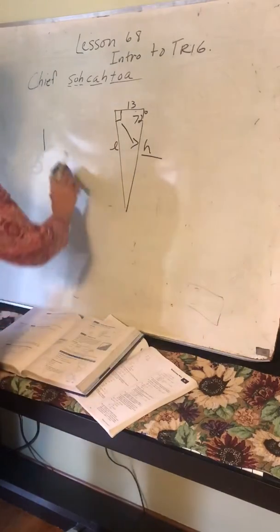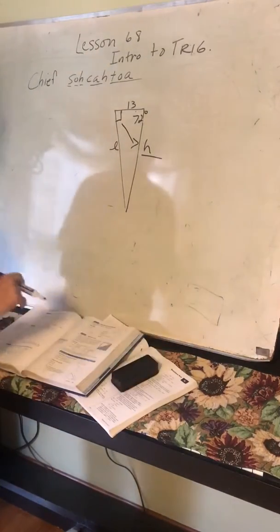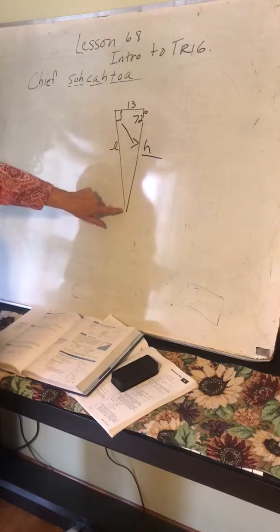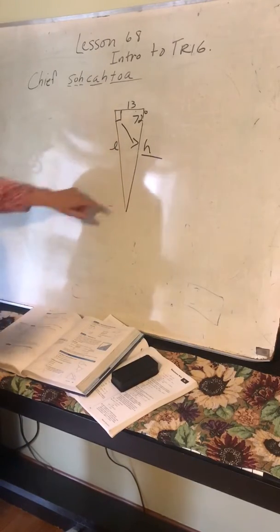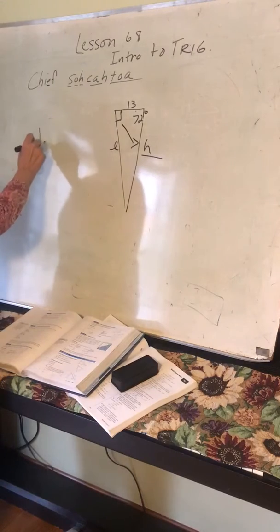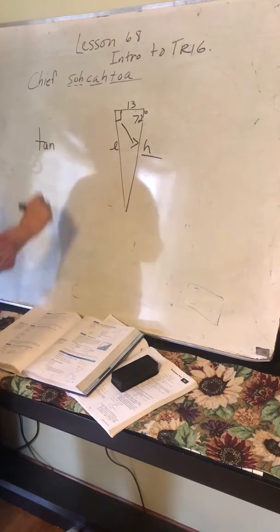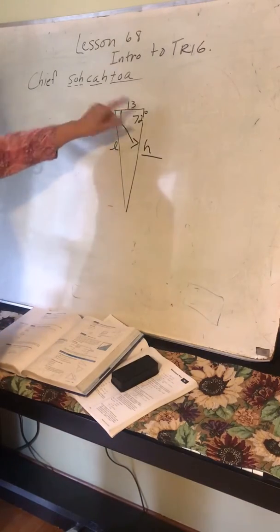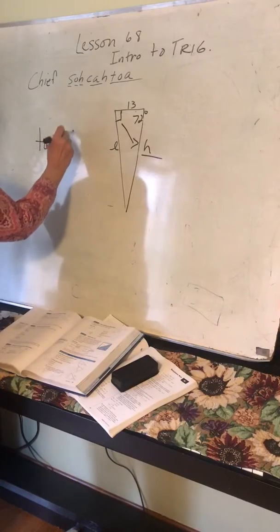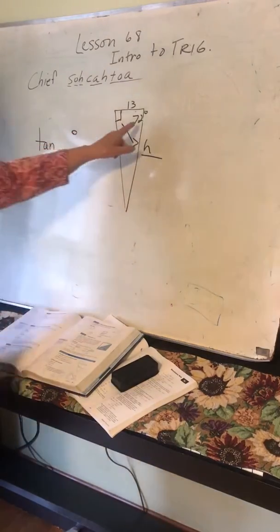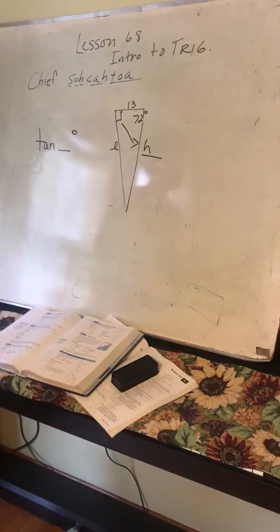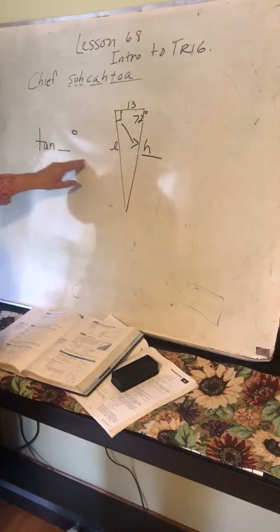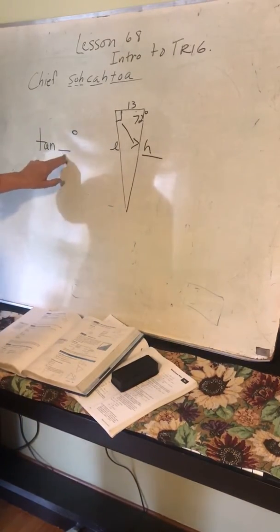Okay? So we're going to use the tangent ratio to find this measurement here. So the tan of, okay, you're not going to say tan of E, the tan is the degree here. So you have to put in the angle degree that you have. So the tan is always set up here where this is the angle.